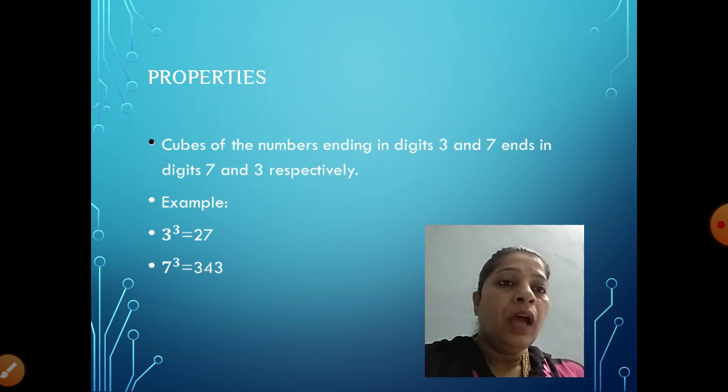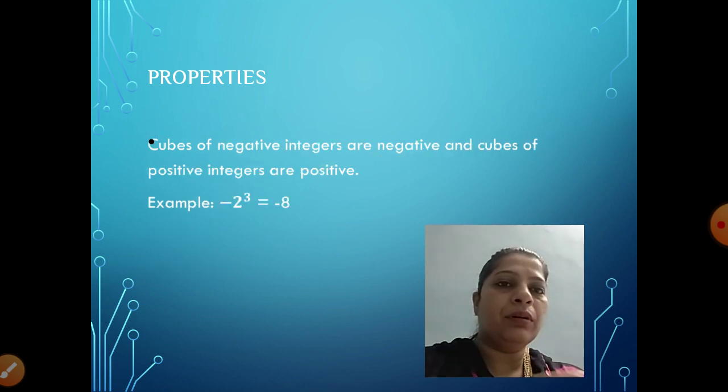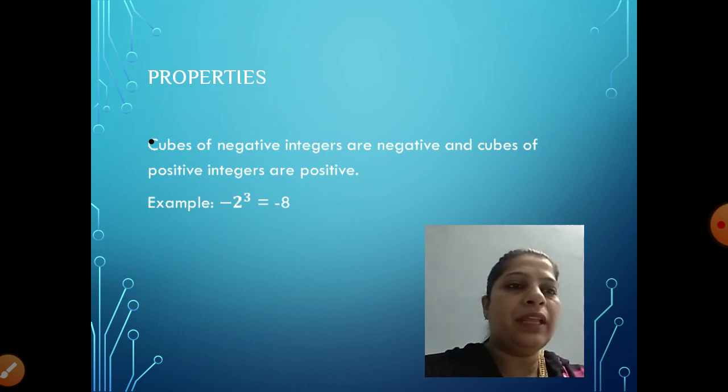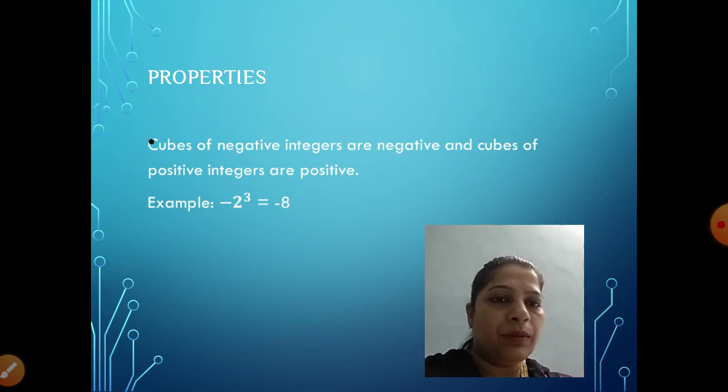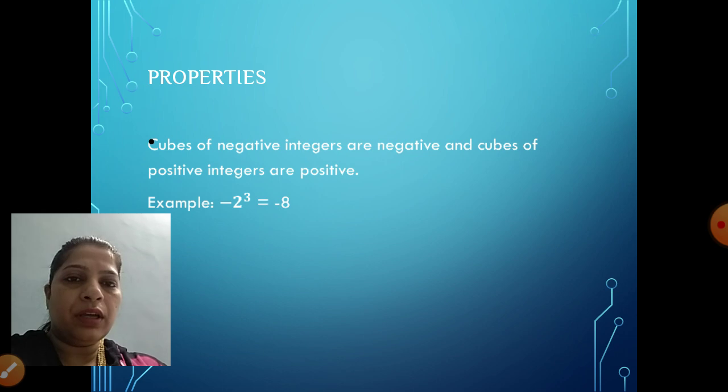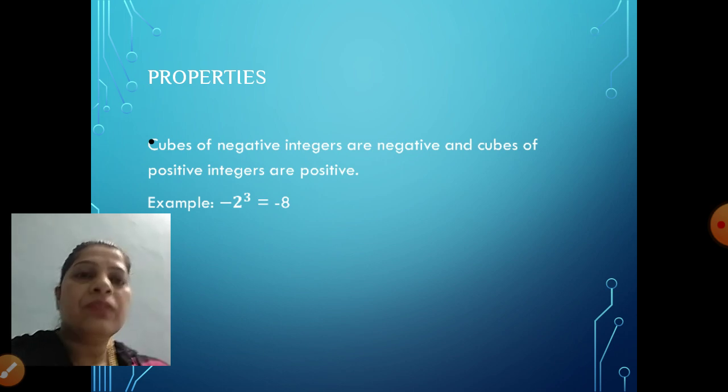Now there is one more property, about cubes of negative integers. We know that the square of every integer is positive, because when we do the exponent 2, two negatives become positive. But when we are talking about cubes, there are three negative signs, and when the negative signs occur an odd number of times, we get a negative number.